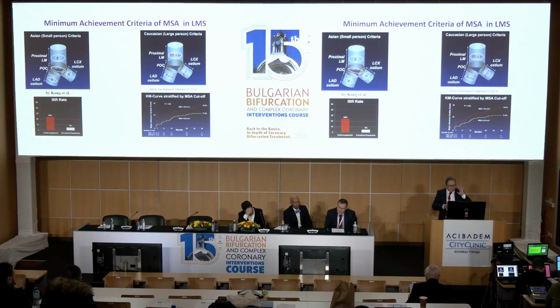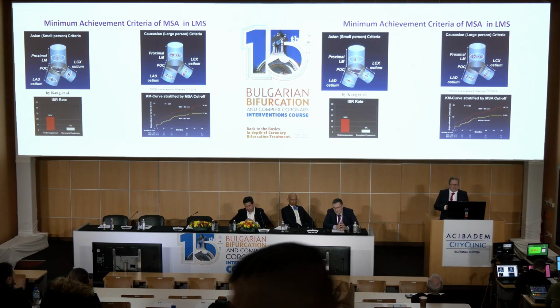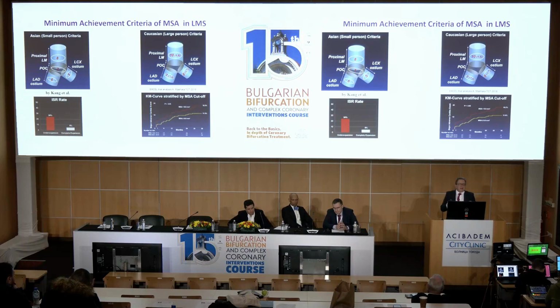But remember, this data was based on Asian populations, which are regularly smaller. So these numbers don't fit the Caucasian population, and you can easily add at least 2 square millimeters, expecting potential improvement in follow-up.